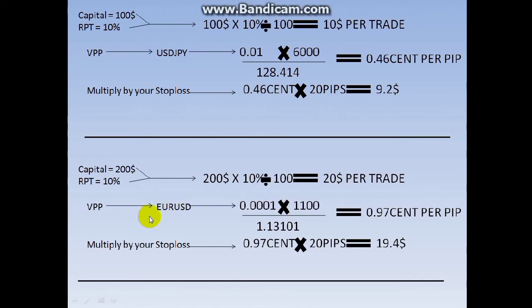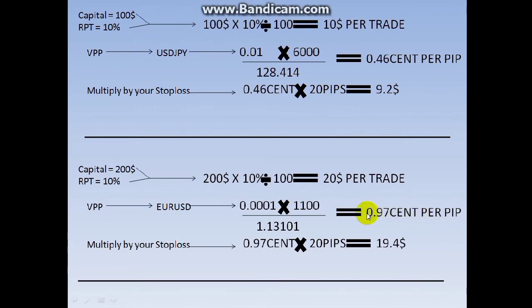Now the value per pip. The value per pip is very important. You need to know your value per pip so that you know what each pip's move is going to cost you. And remember, this is not fixed, it might fluctuate. Using this exact lot size doesn't mean each pip is going to cost this; it might differ.